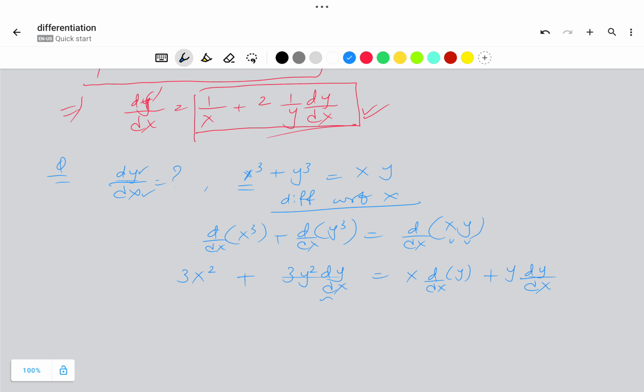Now as we can see, here we are having a dy by dx term, and here also a dy by dx term. We will keep all the dy by dx terms on the left-hand side together. Here we made one mistake: for the term x times the derivative of y, then y is constant and here it should be the derivative of x, which would be 1.